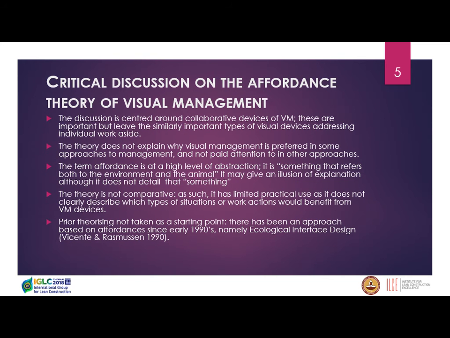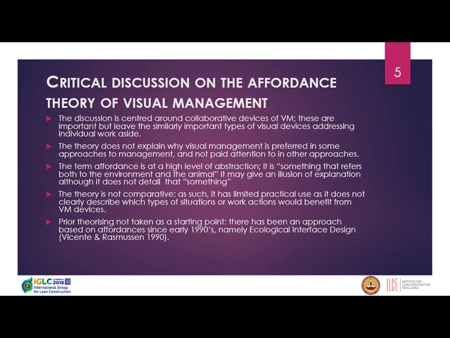And generally, the discussion is about collaborative devices of visual management. There are devices which are addressing one individual, and they are an important type, but they are not discussed by Bainon, Davis, and the other author.